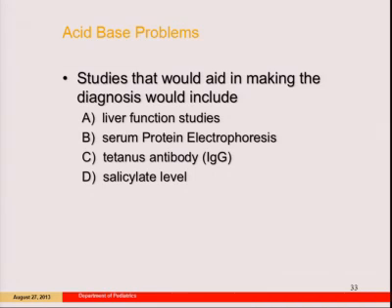For some reason, this is consistently on the boards. Salicylate. Salicylate intoxication. Raise your hands, how many people have seen salicylate intoxication?